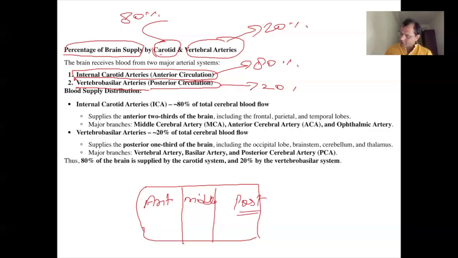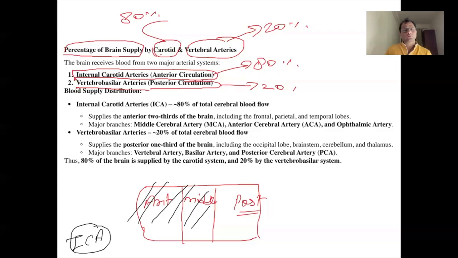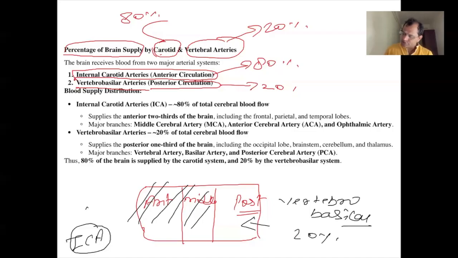The anterior and middle brain are supplied by the internal carotid artery, and the posterior brain is supplied by the vertebrobasilar artery. So this is a total of 20% blood supply, and this is a total of 80%, because this is the very big part of the brain.